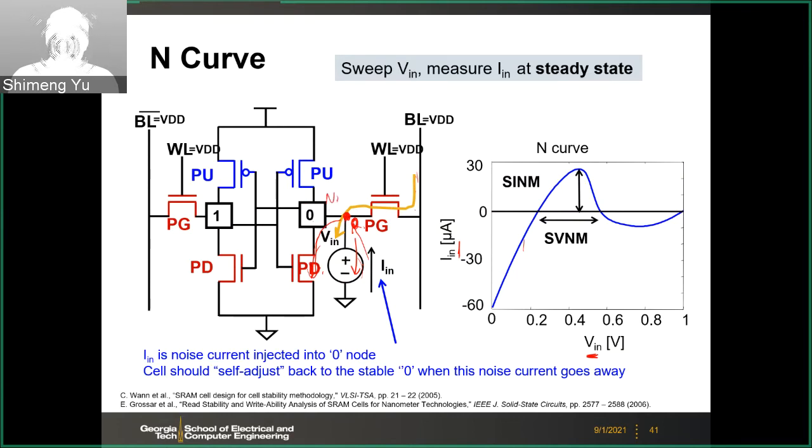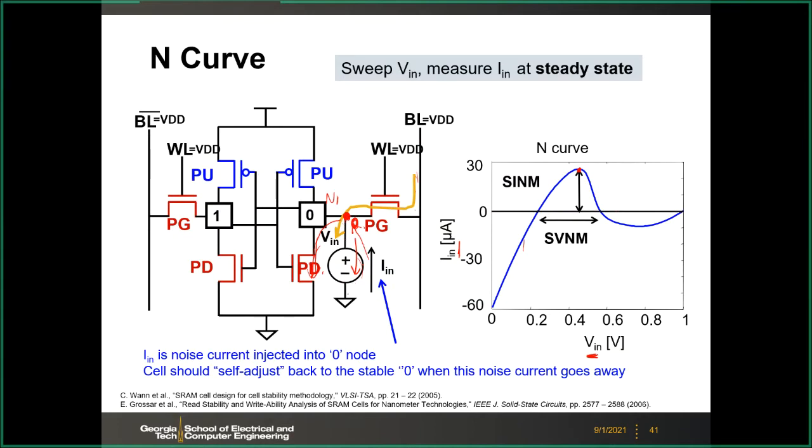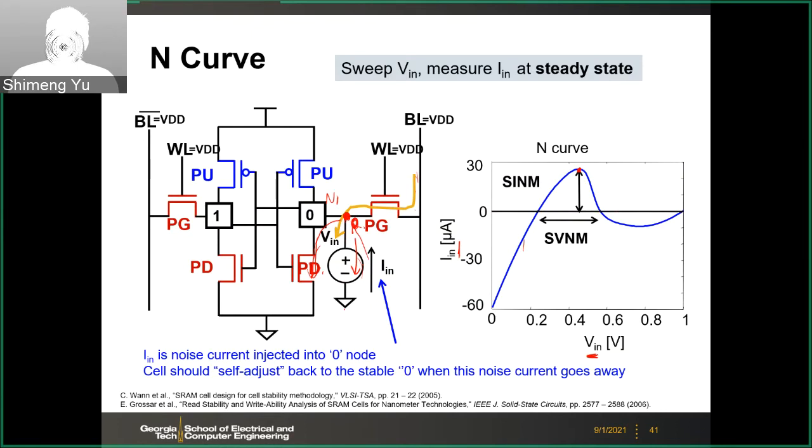If you think this is N1 node, as we discussed earlier, then N1 node voltage increase too much. Therefore, you will trigger the flipping. After you trigger the flipping, you will have snapback of the curve. So as you sweep the voltage from 0 to VDD, then if you measure the current, you will get this kind of N shape. So this is called the Uncurve.